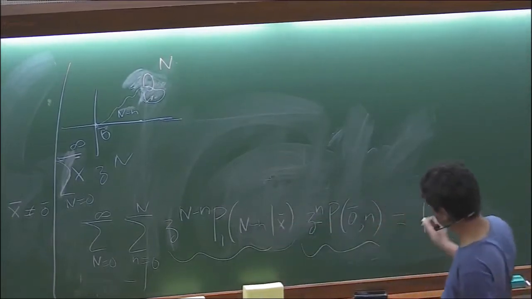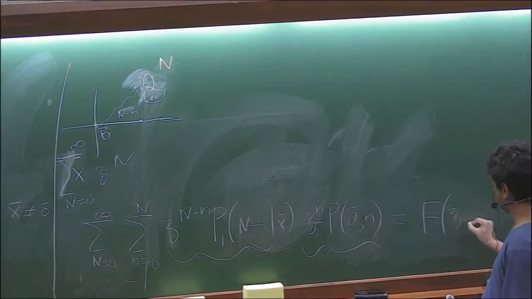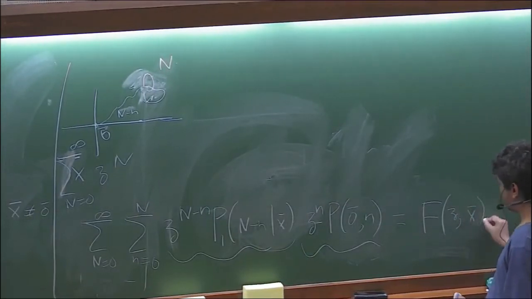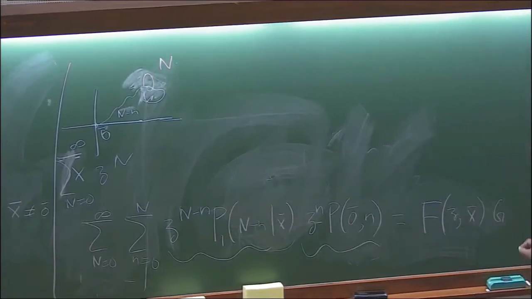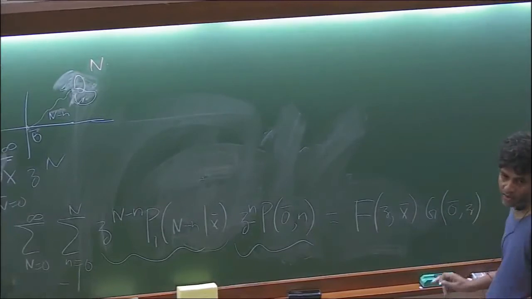This one summation gives me the generating function for the first, so that is z x bar, and the other is g of 0 bar z. Right, this is okay.